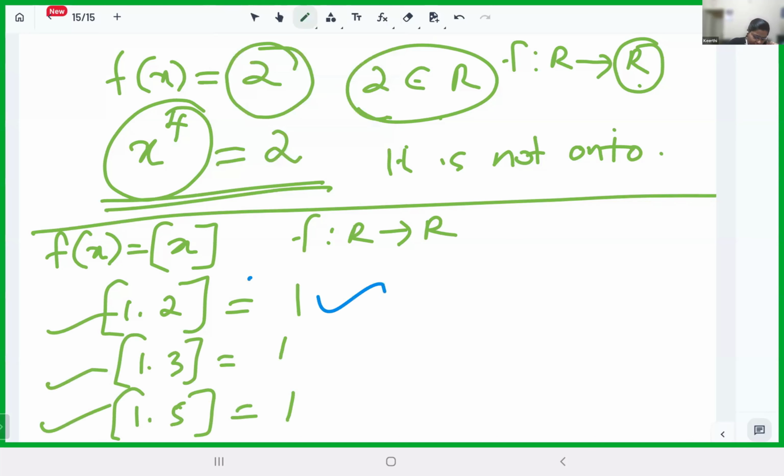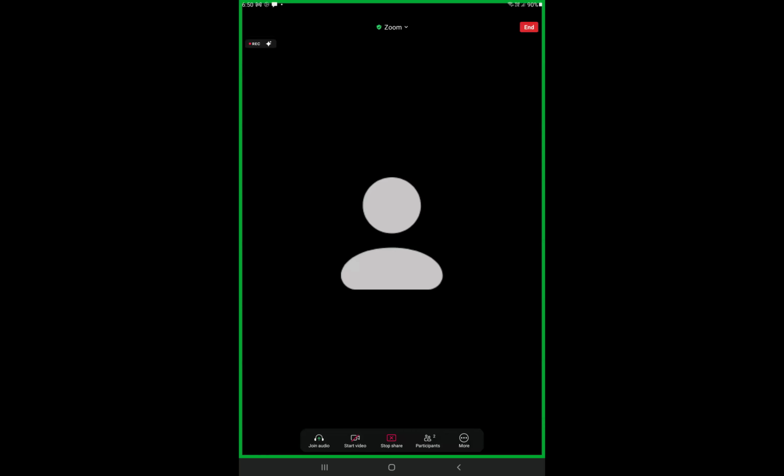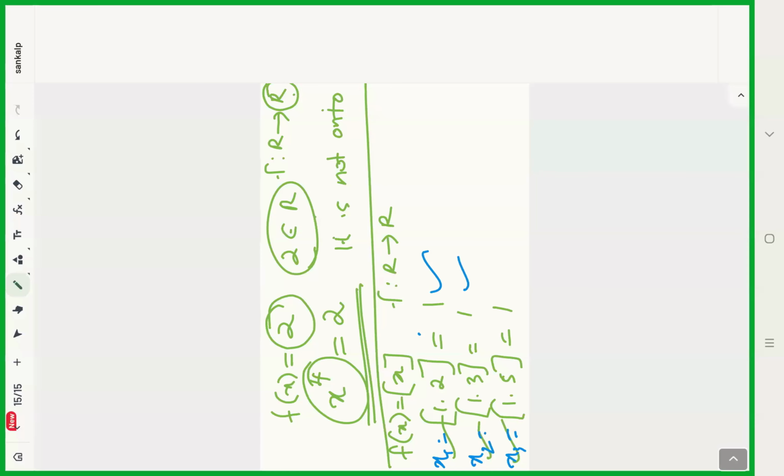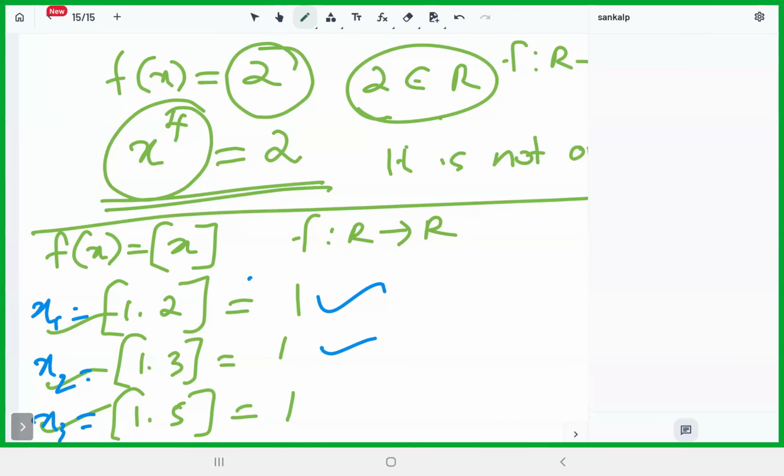Here you can see that if this is x1, this is x2, and this is x3, we are getting the same values of f of x for different x values. So clearly it is not one-one.